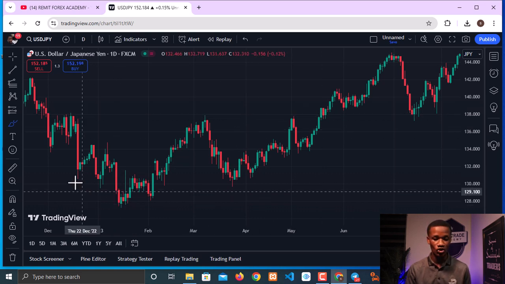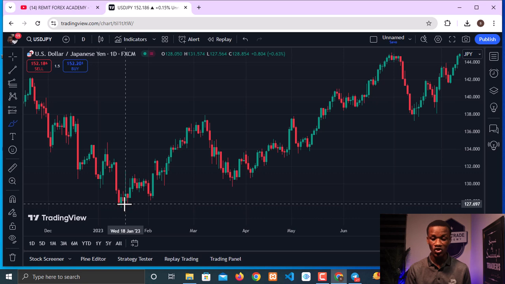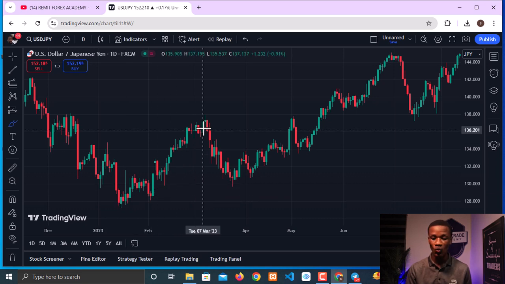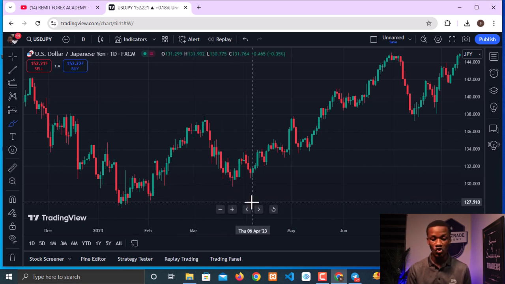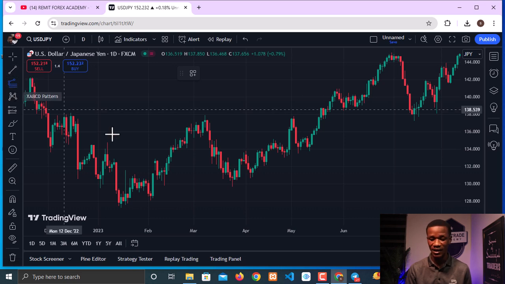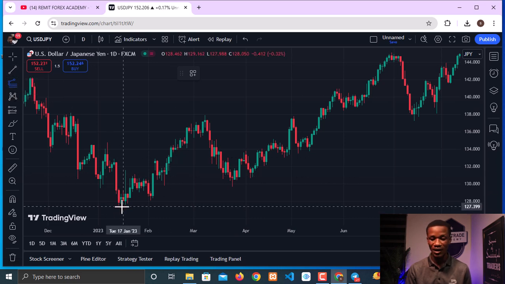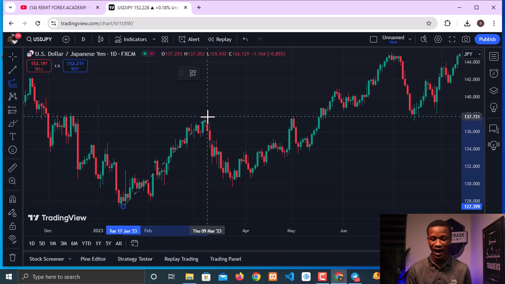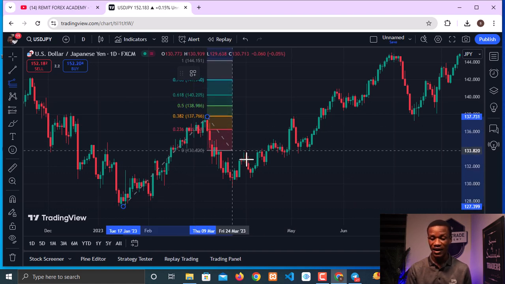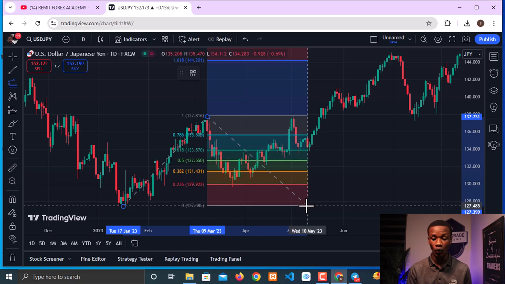So you draw from this very point, swing low to swing high and back to swing low in an uptrend. You pick your fib extension tool by left clicking, and then you draw from swing low to swing high, that is support to resistance, and back to swing low, which is the support level right at this very point.